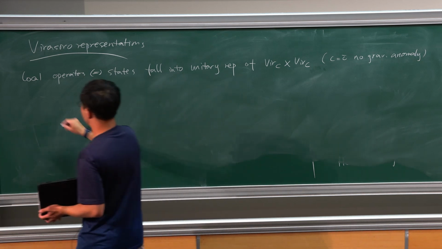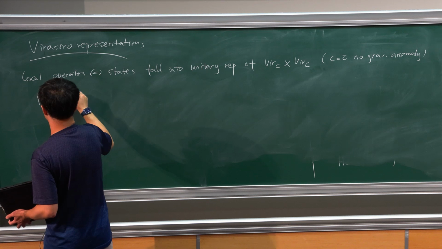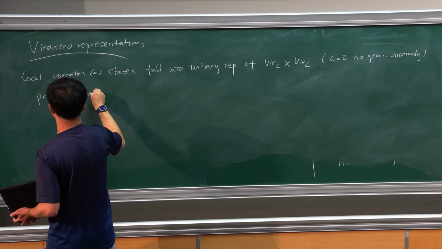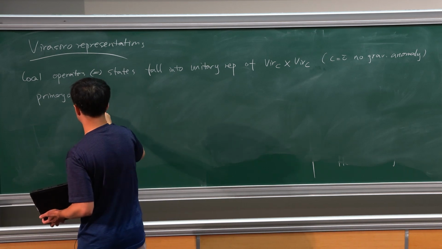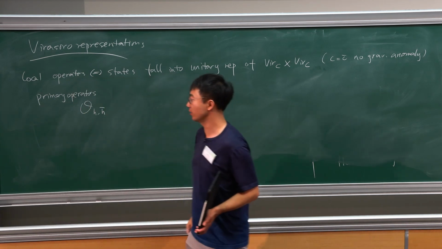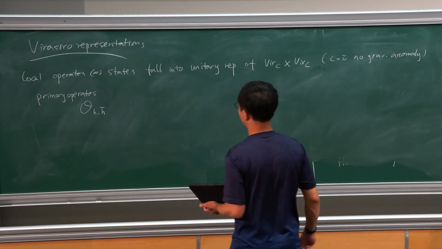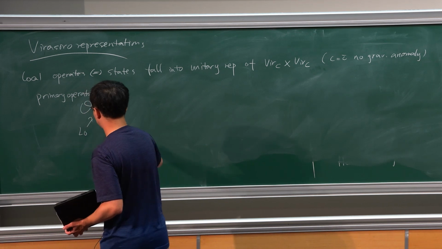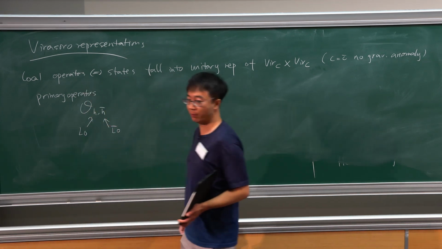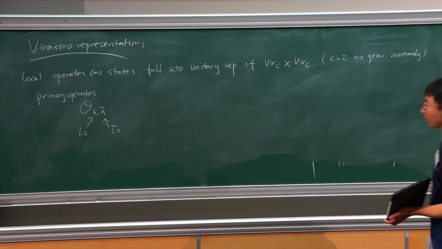And the primary operators, which are distinguished local operators in this context, are denoted in the rest of these lectures by the corresponding quantum numbers h and h bar. They are eigenvalues with respect to L0 and L0 bar, respectively, which are Hermitian as a consequence of the Hermitian structure that we described before.